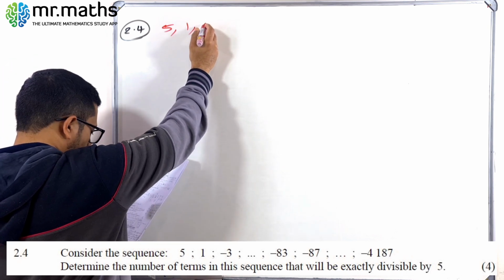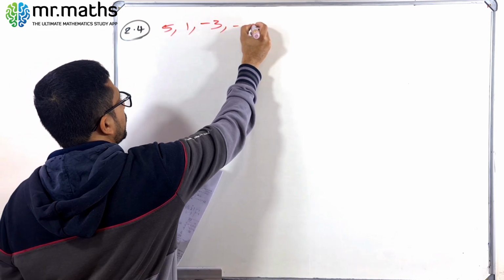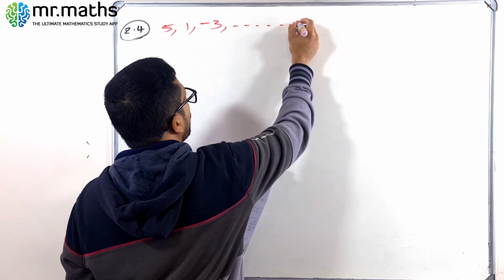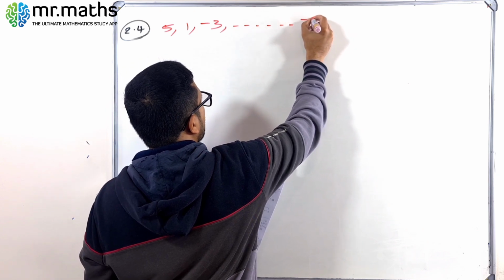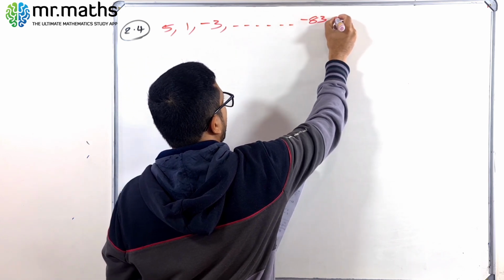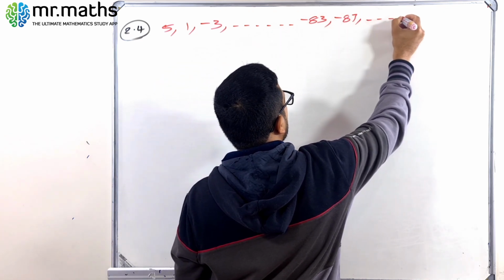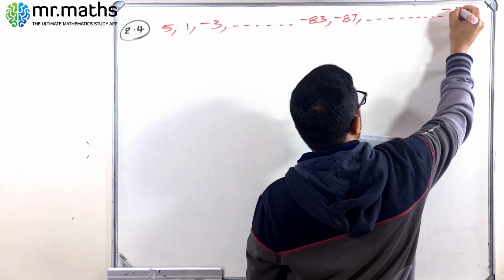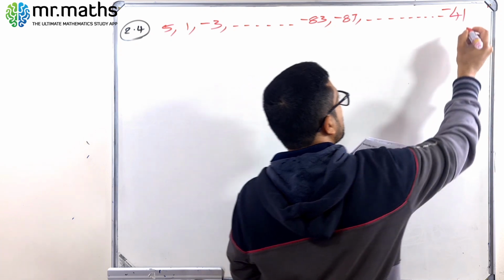What is the next term? Minus 3, etc. Okay, now there is minus 83, minus 87. Again they continue this one up to minus 4187.